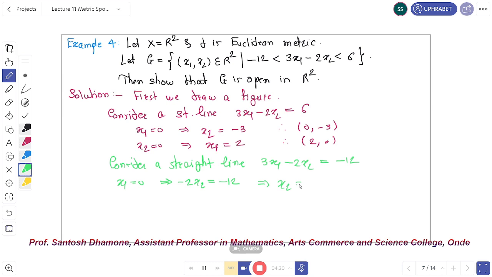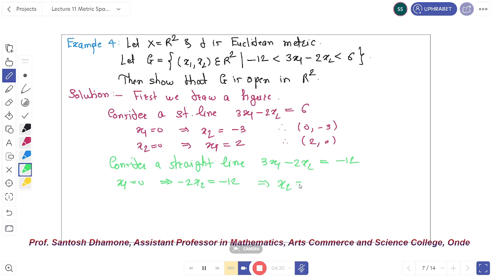Our region is this. This is the line 3x1 - 2x2 = -12, and this second line is 3x1 - 2x2 = 6.